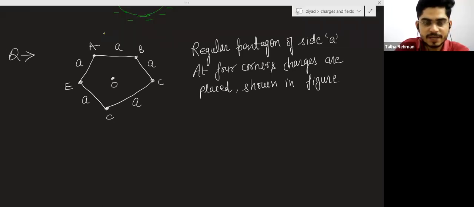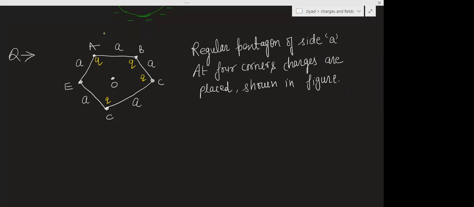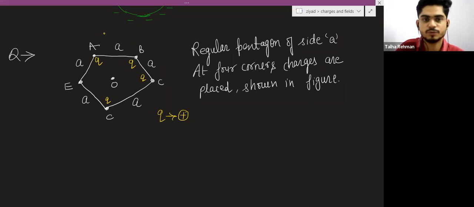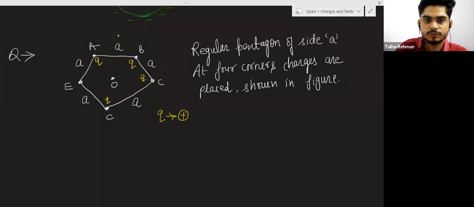So suppose at this corner Q charge is placed, at this corner Q charge is placed, at this corner Q charge is placed, at this corner Q charge is placed, and on this corner no charge is placed. This Q is positive here. We have to find the electric field at this point O.